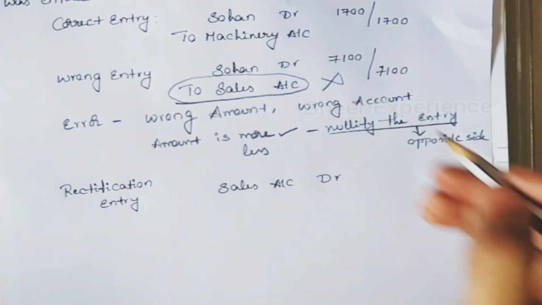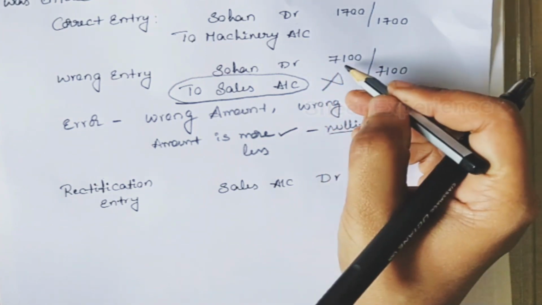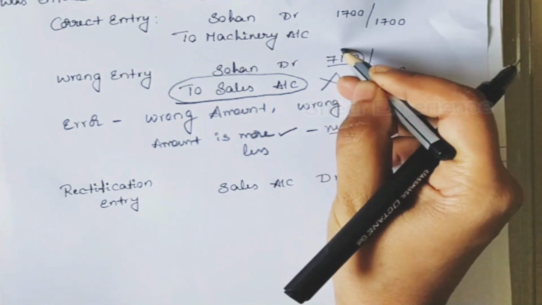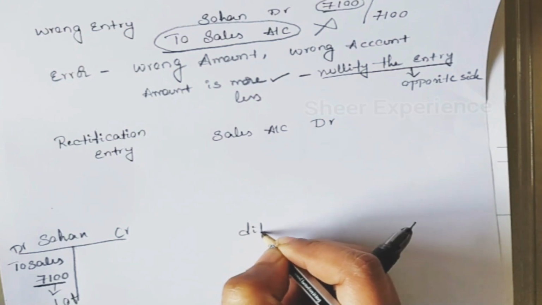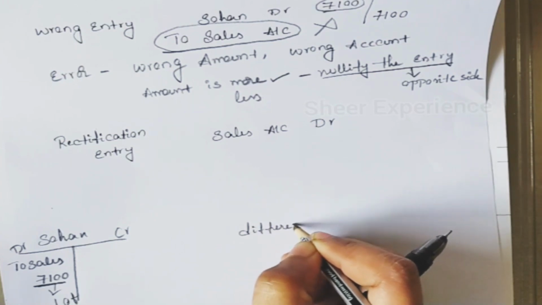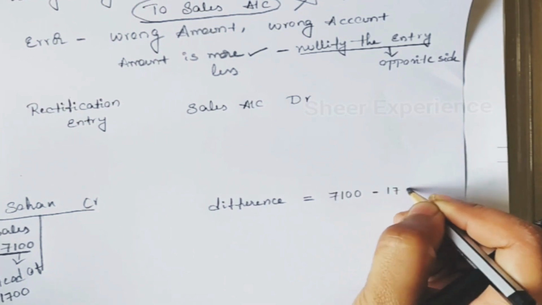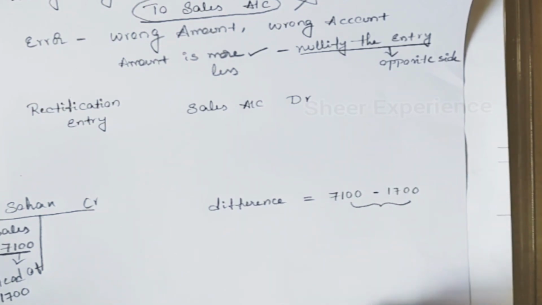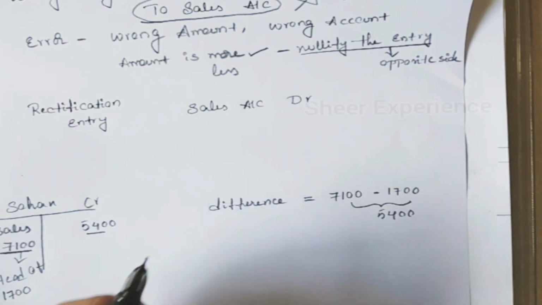Coming to Sohan's account, it is debited correctly, but we have recorded the wrong amount, that is 7100 instead of 1700. To rectify this account, we will credit Sohan's account with the difference amount, that is 7100 minus 1700, which comes to 5400. This 5400 is credited in Sohan's account.